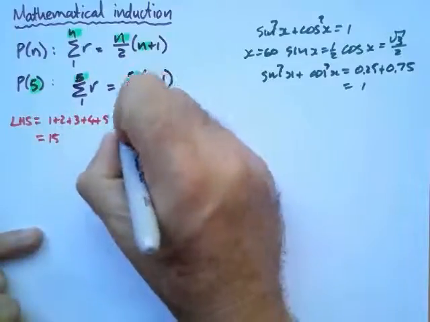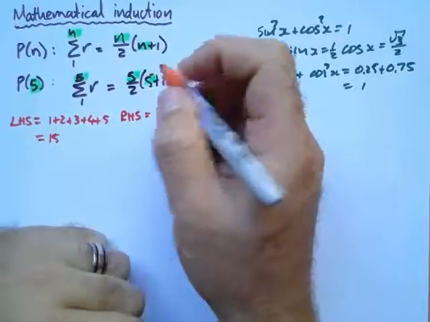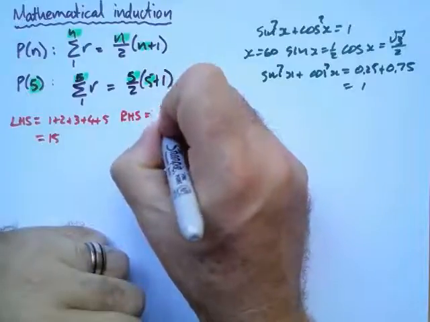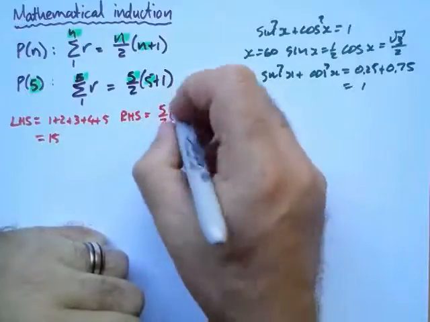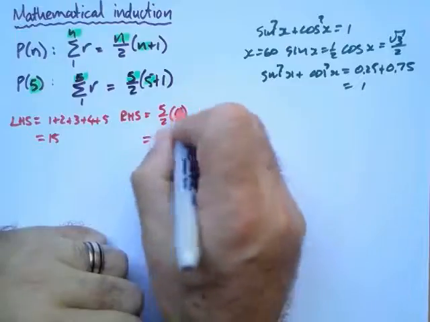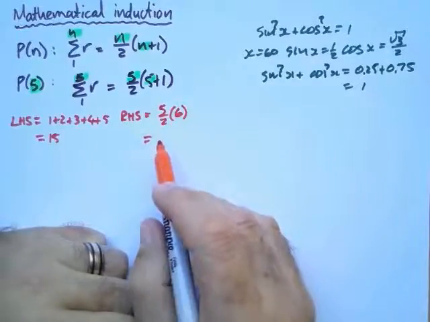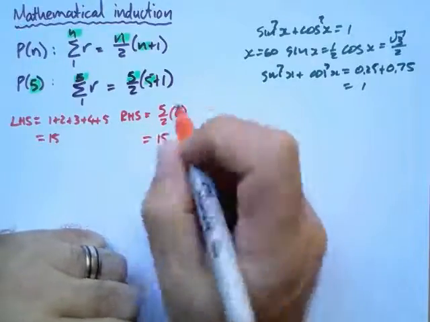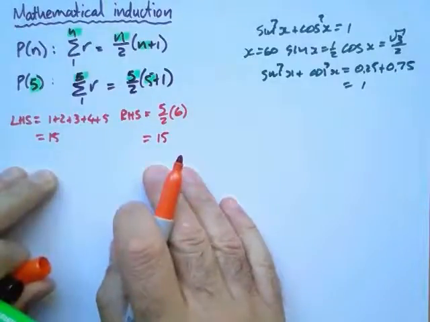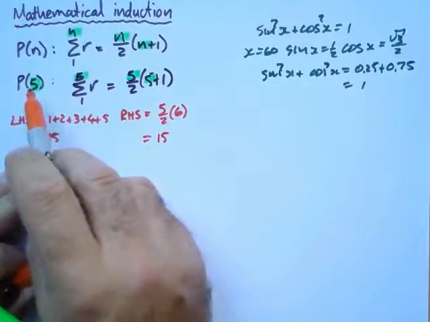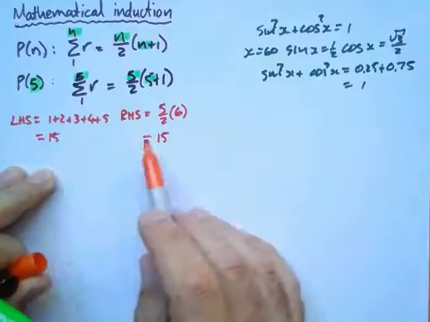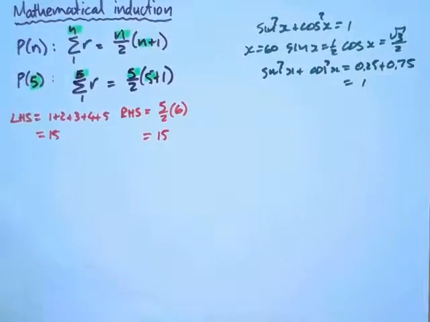What happens with my right-hand side? My right-hand side equals 5 over 2 multiplied by 5 plus 1 is 6. 5 times 6 is 30. 30 divided by 2 is 15. So this proposition is true for 5 because the left-hand side equals the right-hand side.